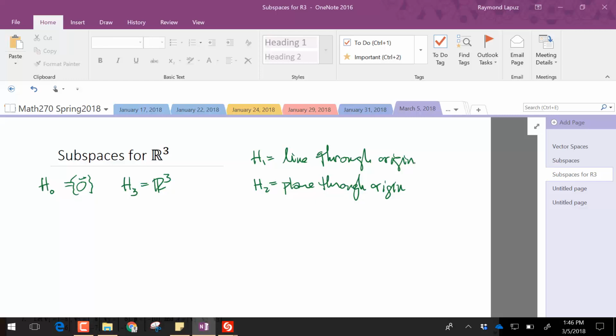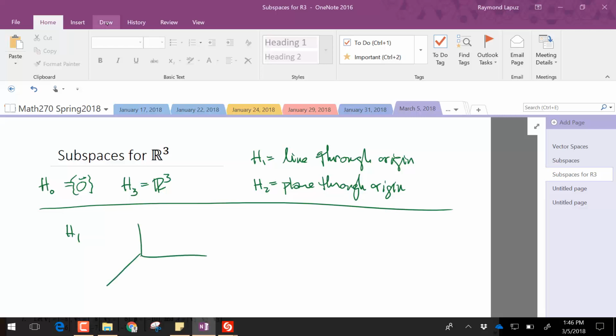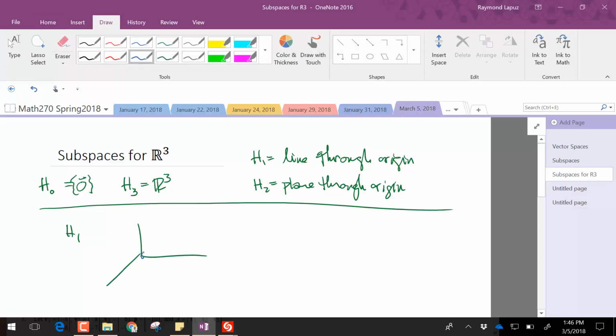Let's take a look at the line through the origin. We have this line going through the origin. What can we say about that line through the origin? How can we relate it to vectors, since we are talking about vector spaces? Or just the vector times the scalar, right?